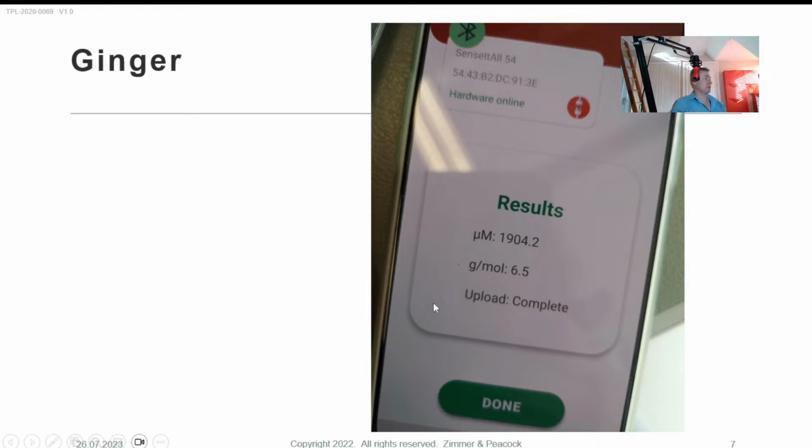Ginger is one of the tests that we can do on this platform, and they're getting a result of 1904.2 micromolar, and they're also getting a result which is slightly nonsense units, grams per mole, or 6.5 grams per mole.